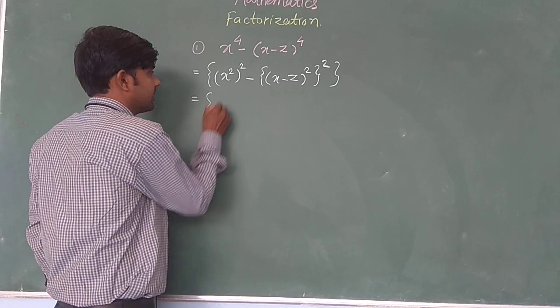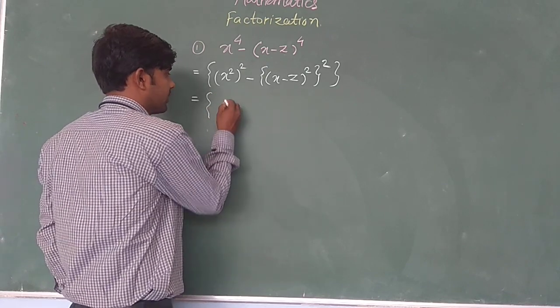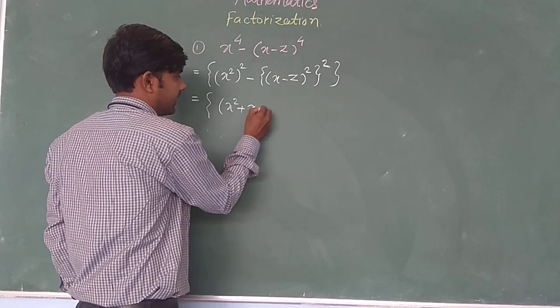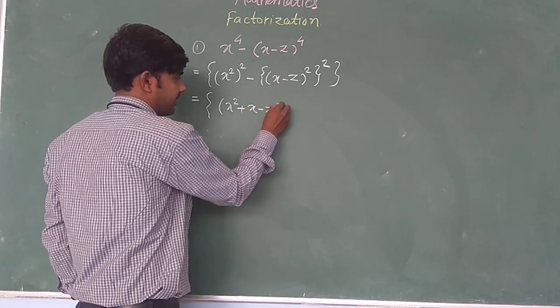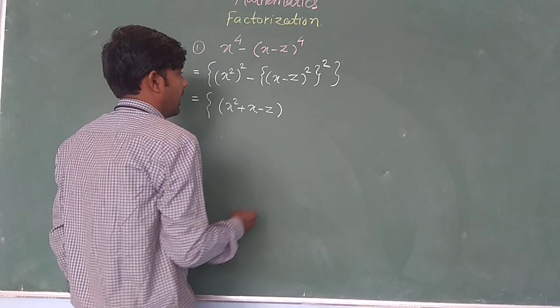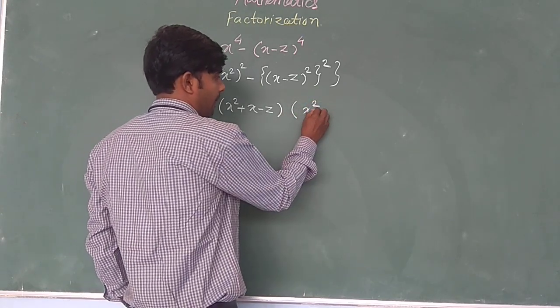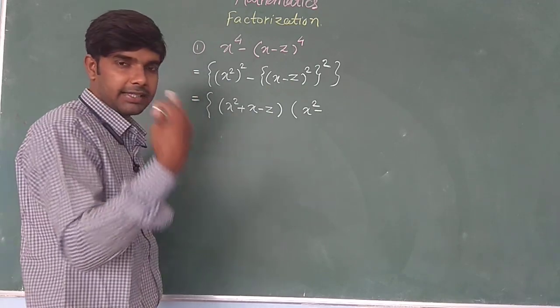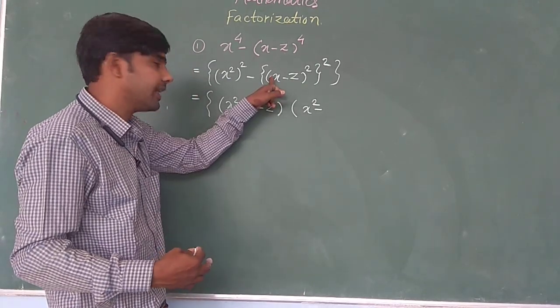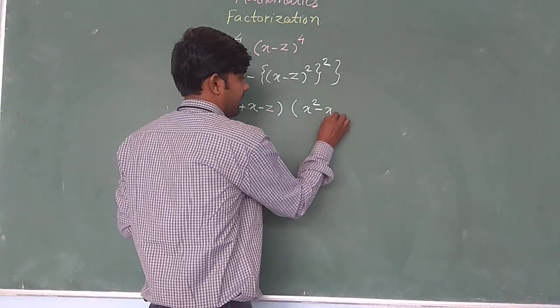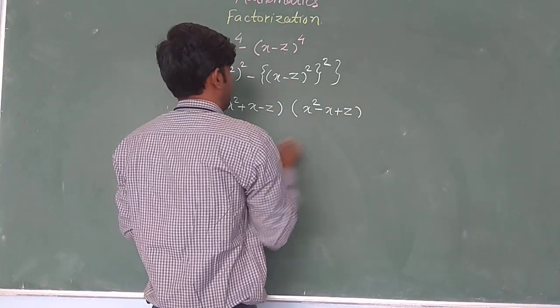So the first bracket a plus b is x square plus (x minus z), and the other bracket is x square minus (x minus z).